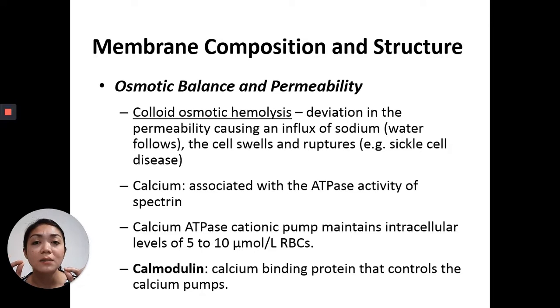What happens inside the red blood cells is that they can no longer regulate the entry of cations. So all cations will go inside: sodium, potassium, and especially calcium. Since where there is the cation, water will follow, the cell will swell and lyse. That's why sickle cell disease is a type of hemolytic anemia. You are anemic because your cells are hemolyzed because of the influx of water. That's also what you call colloid osmotic hemolysis.